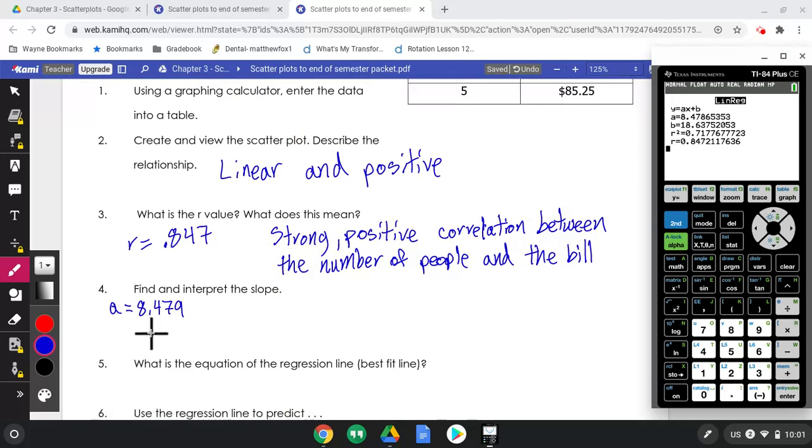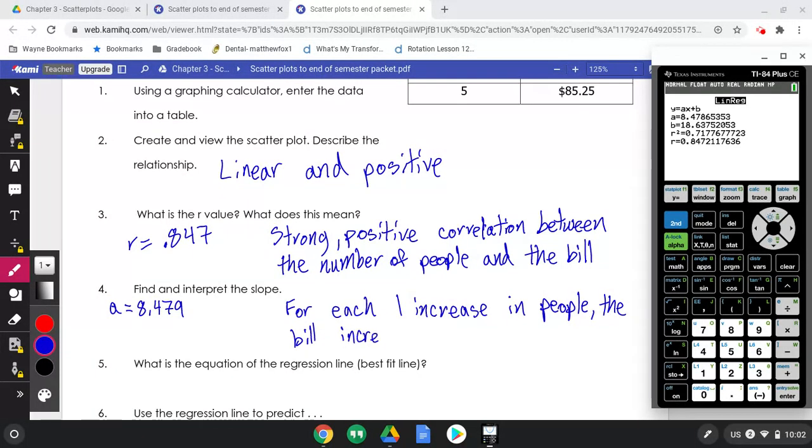Now we need to be careful because this is money. So let's think about this. But I'll write it out. So for each one increase in the people category, so in people, the bill increases by, and then I'm going to go ahead and put $8.48.